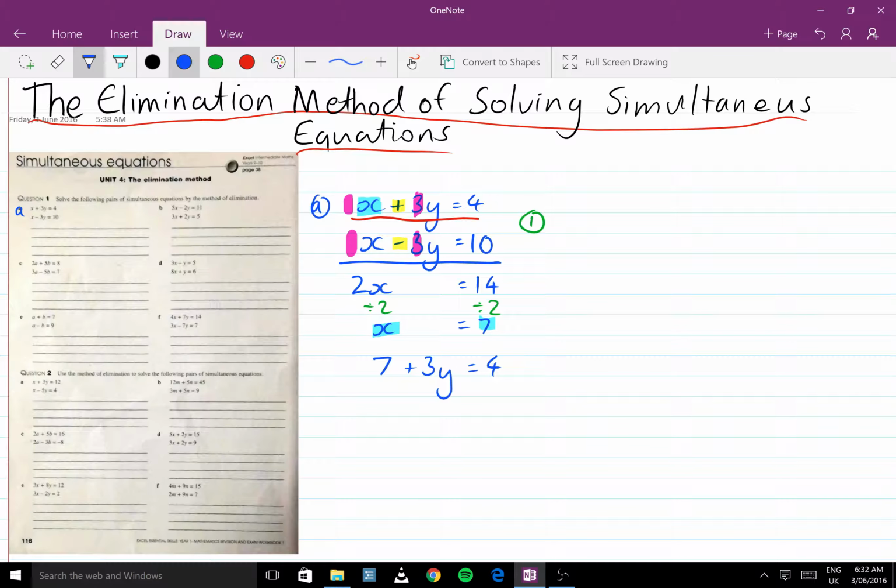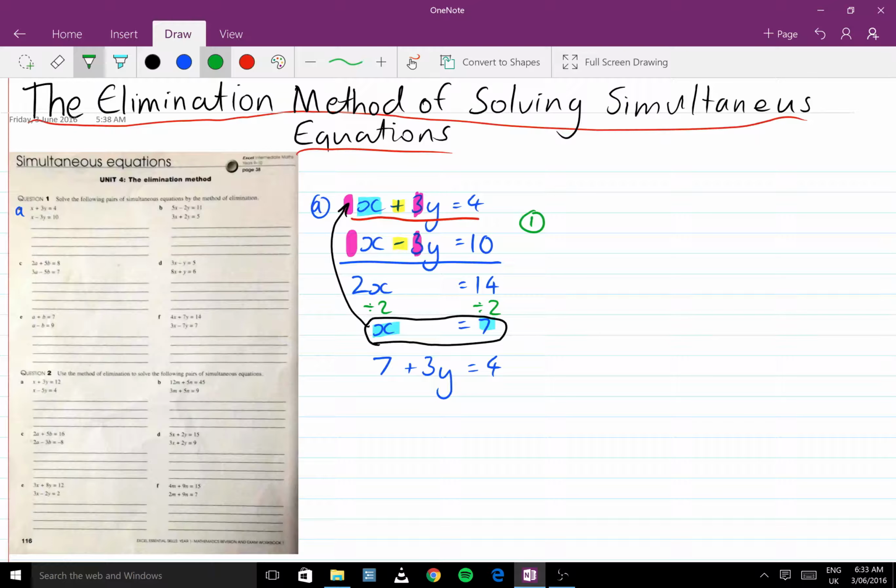Again, this is a step that people struggle with, but all I'm doing is taking my knowledge from down here, another circle just to show you where it is, and putting it into the equation up here and saying that x is the same thing as 7. Then I look at my new equation and solve for that.